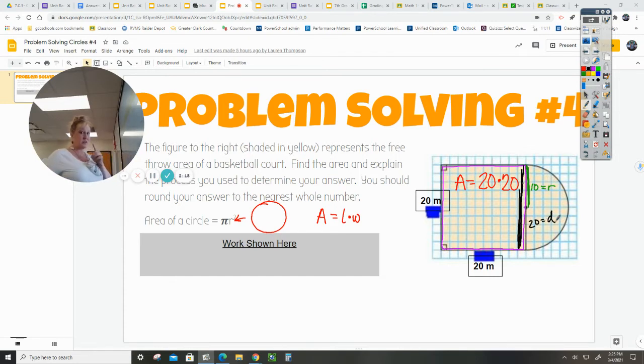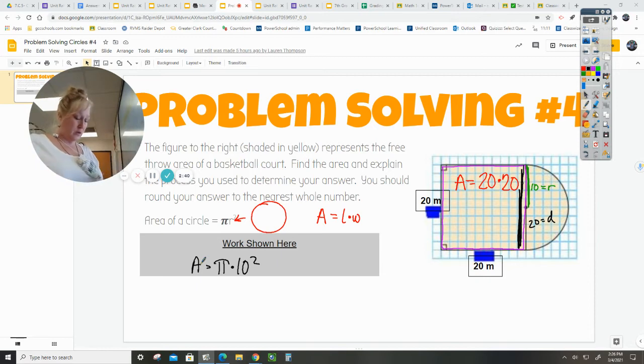Now remember, that's the first thing we always have to do when we have a picture: determine what we have. So the square is easy, but the circle might be a little hard. So let's first figure out the area of the whole circle. Pi times radius squared, and the radius is 10, equals the area of the whole circle.